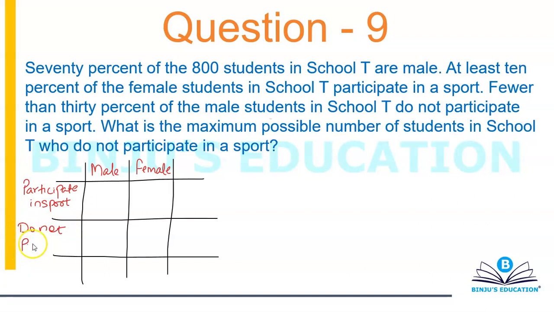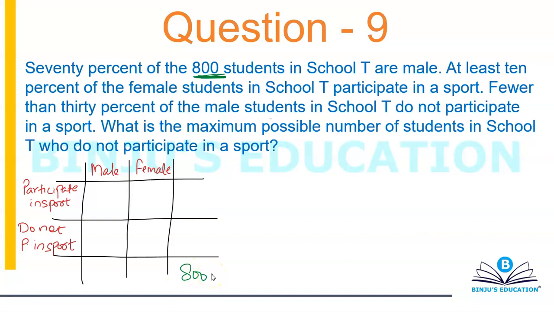So I'm writing P for participate. Okay, I guess that's clear. Now, interestingly, the total quantity is given to me, which is a good thing. That is 800 students. So I'm going to write 800 here.